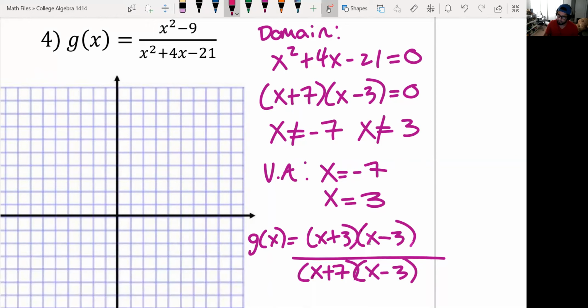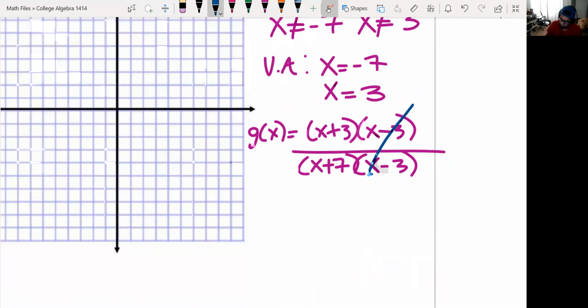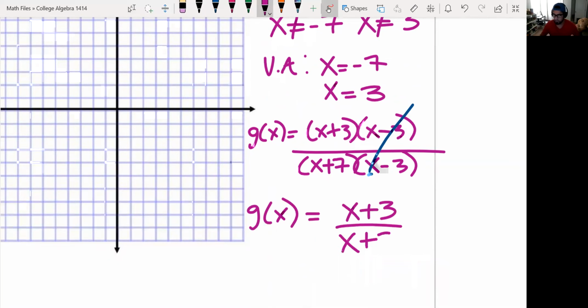Where your x minus 3's cancel, and we get our new function g of x equals x plus 3 over x plus 7.